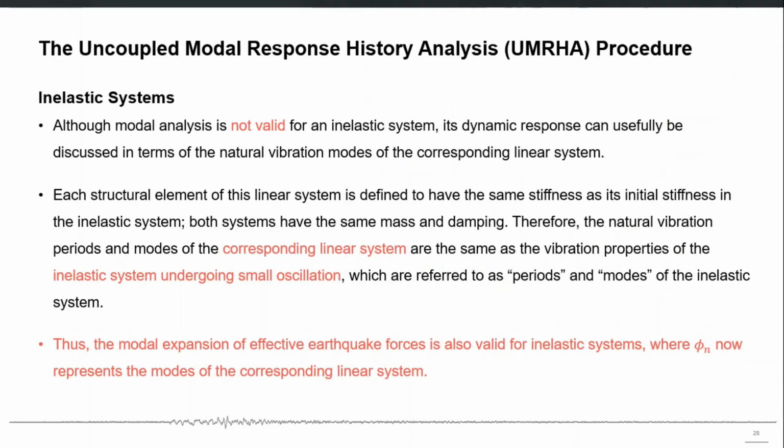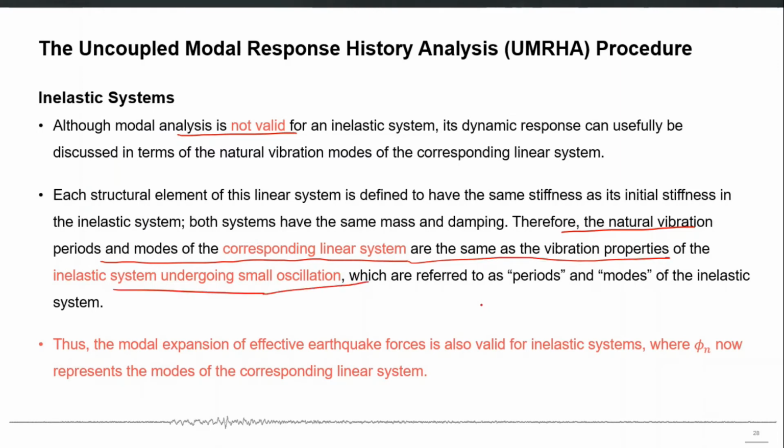Now in inelastic systems, we know that modal analysis is not valid actually, but still we can invoke some assumptions. We can assume that the natural vibration periods and modes of the corresponding linear systems are the same as the vibration properties of the inelastic system undergoing small oscillation.